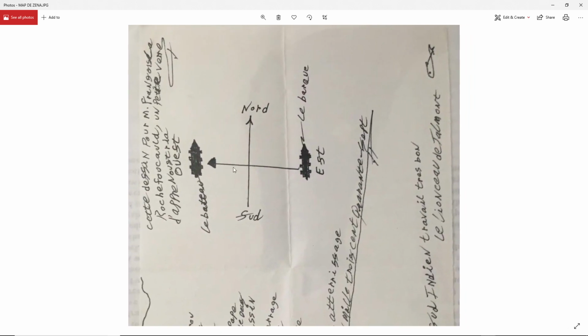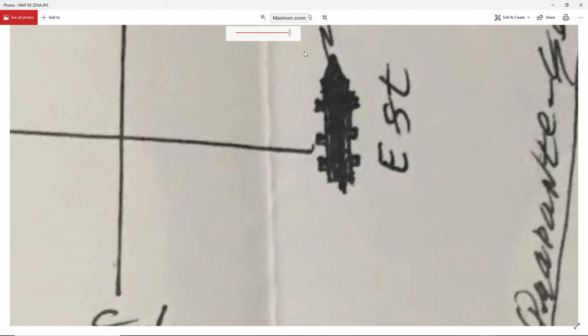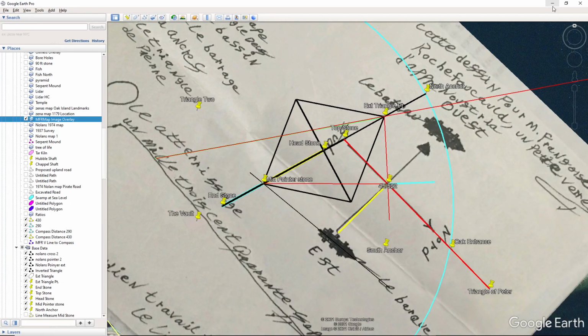Notice this east on here, if it's going straight up here, this east is off a little bit. Also notice too, this little tick mark, and I don't know what it is, but I'll show you in a minute. It is purposeful. It is there for a purpose, I think. So anyway, let me bring that back down.